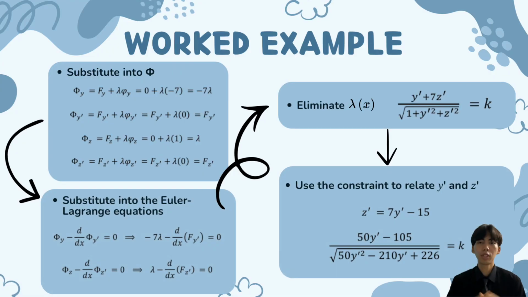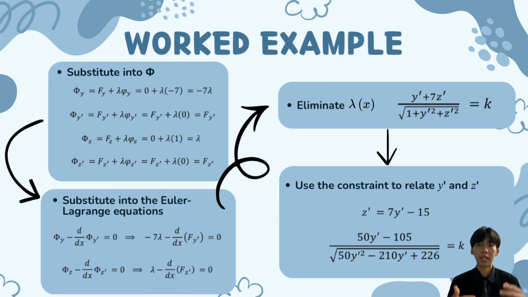Next, by substituting the phi values that we got before into the capital Phi, it will give capital Phi subscript y equal to negative 7 lambda and capital Phi subscript z equal to lambda, while capital Phi subscript y prime and capital Phi subscript z prime will reduce to f y prime and f z prime respectively, since phi contributes nothing to the prime derivatives.